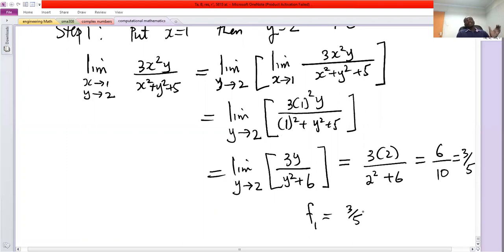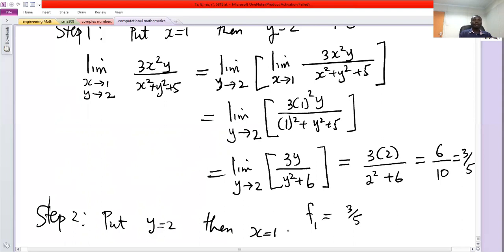Next step, now we reverse the order. We start now by replacing y for 2, then finish with x equals to 1. Step 2, which is the last step. Put y for 2, then x for 1.